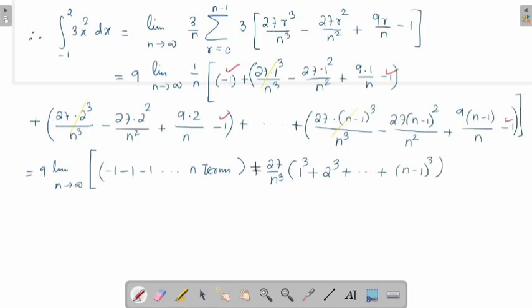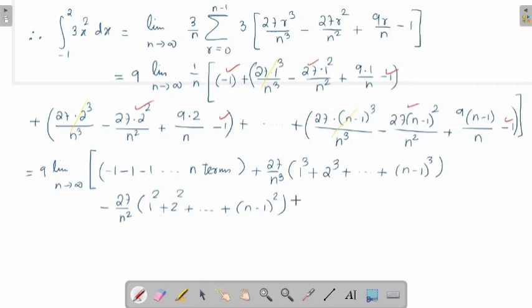So this is all about the cubes. Similarly we have squares, right? In the squares, that is this one and this one, we have 27 by n square common with negative sign. So let me take that also common: minus 27 by n square common. From this you get 1 square, from the second one you get 2 square, and it continues till n minus 1 whole square.